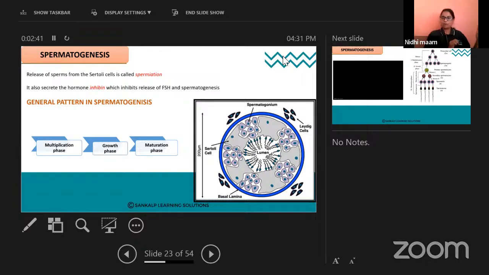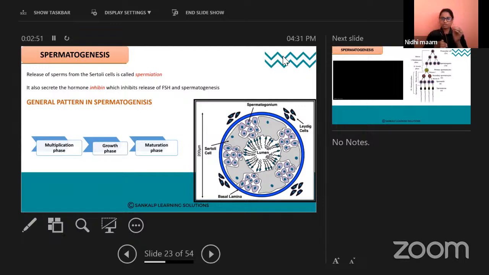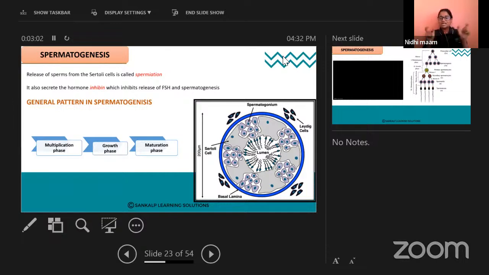Then what will be the ploidy of primary spermatocytes? Diploid, ma'am. Diploid in nature. These secondary spermatocytes will be converted into which kind of cells? Spermatids. Right. Secondary spermatocytes will undergo meiosis 2 and form spermatids.